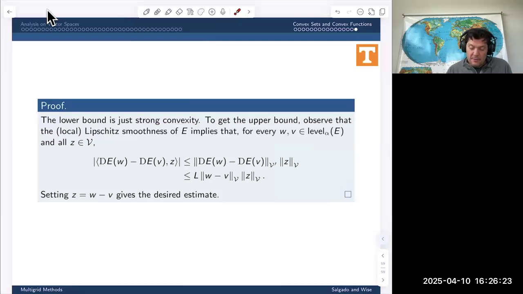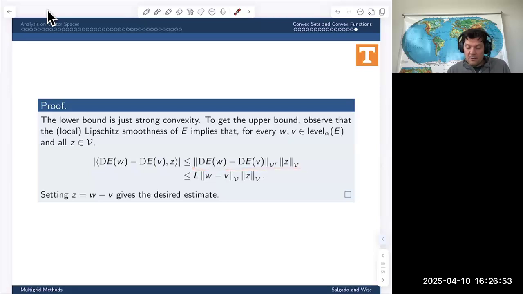To get the upper bound, we're going to observe that the local Lipschitz smoothness of E implies that for every w and v in this sublevel set, by definition of local Lipschitz smoothness, we'll get there in a second. Where does this come from? This comes just from continuity. Okay, so that's the continuity argument.